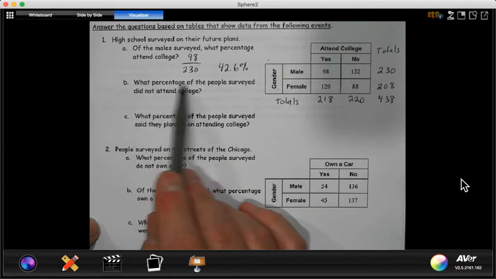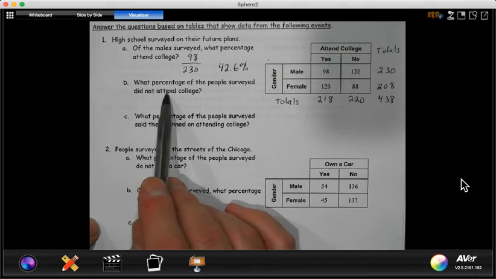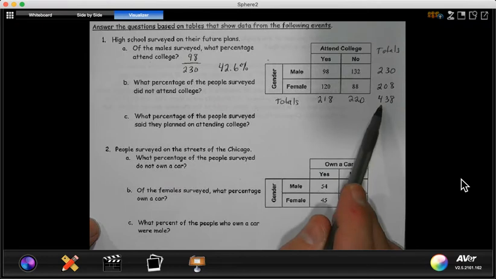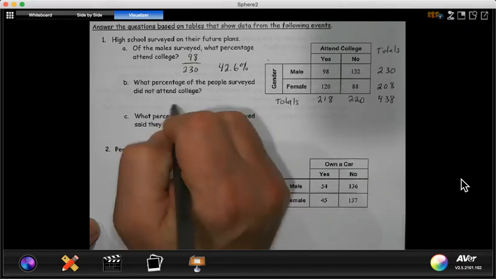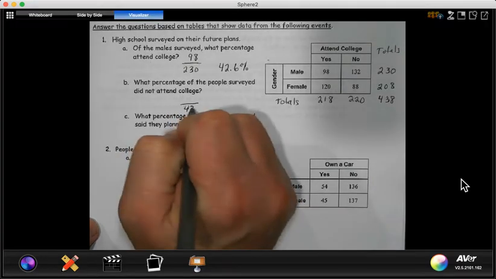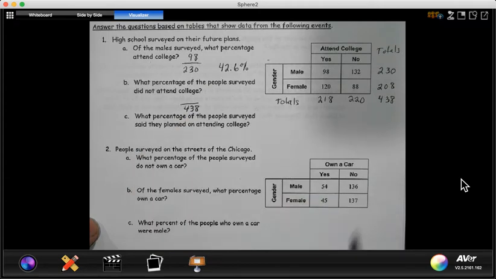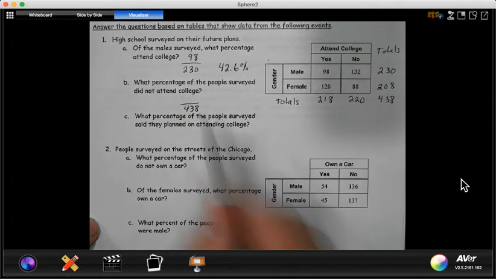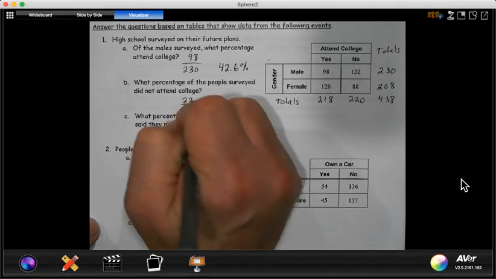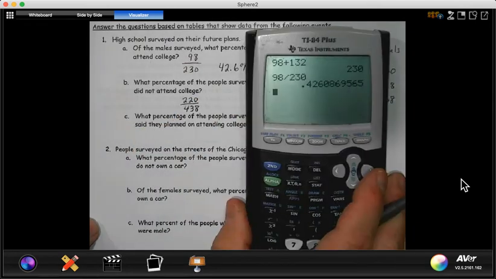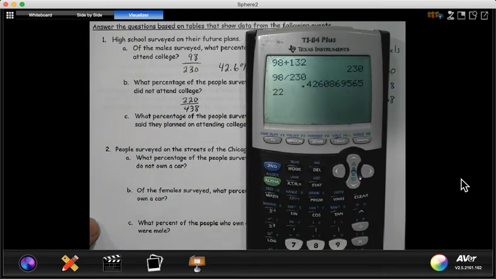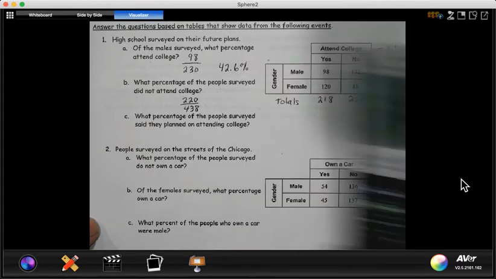What percentage of the people surveyed did not attend college? So out of the 438 surveyed, how many did not attend college? 220. So that's 220 out of 438. So 220 divided by 438 as a percent, 50.2%.